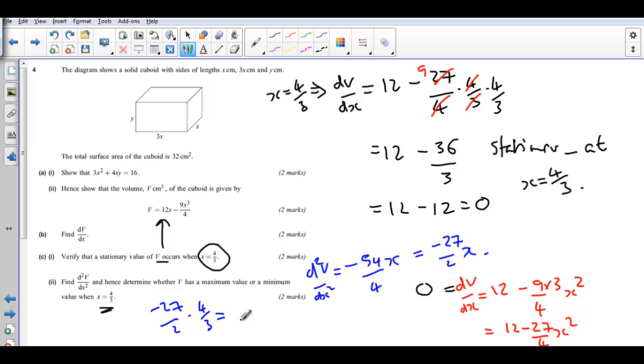Okay, without even working it out, we can see that this is going to be negative, and so that implies that when x equals 4/3, this is negative, so the stationary value is a maximum.